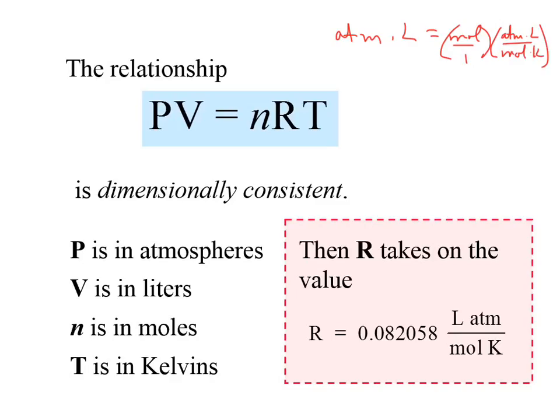And temperature is in Kelvin. I'll put K over 1. If we allow things to cancel, do you see where moles will cancel? Kelvins will cancel. And in this equality, atmospheres liters is equal to atmospheres liters. It's a wonderful thing.